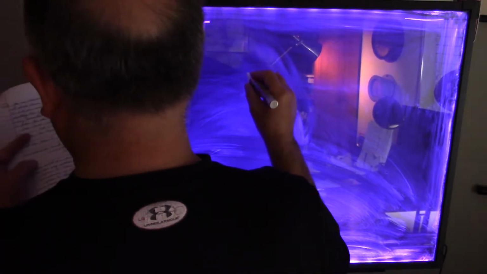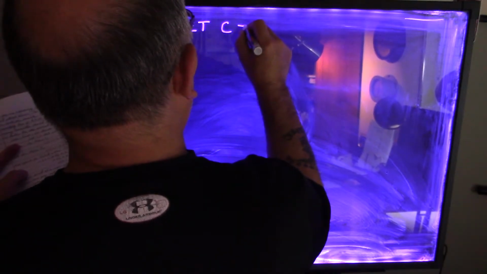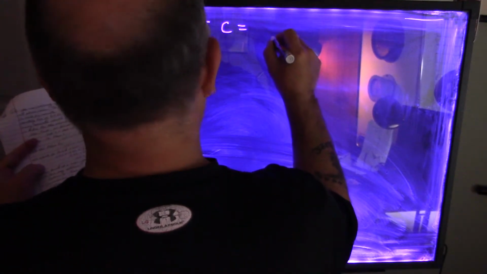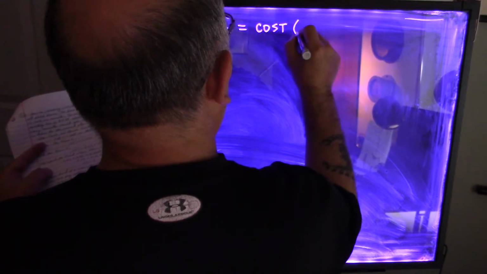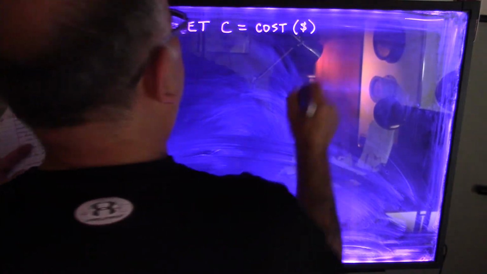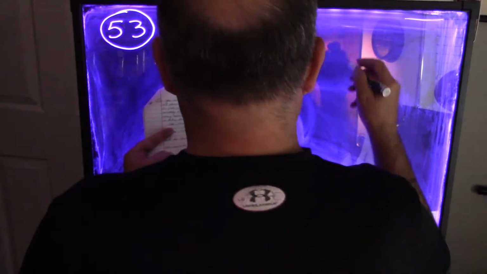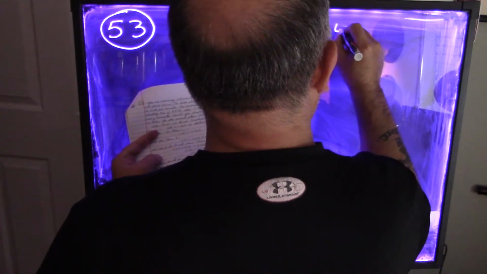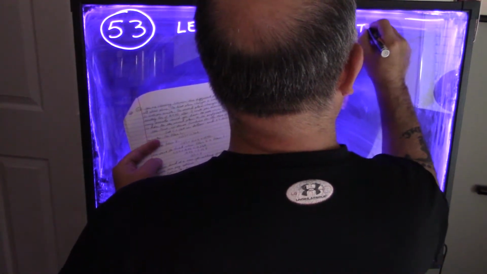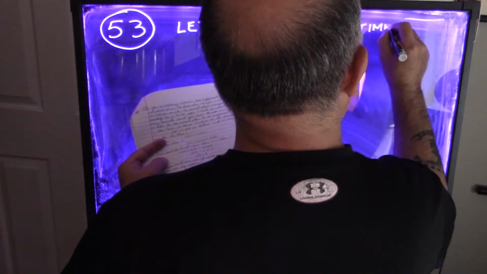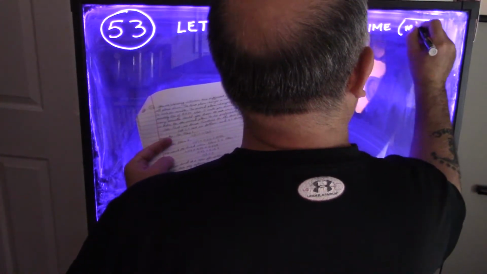Define your variables. So we're going to let capital C equal cost in dollars, and T equal time in minutes.